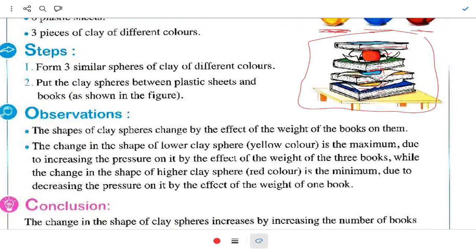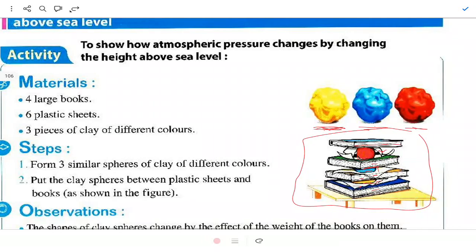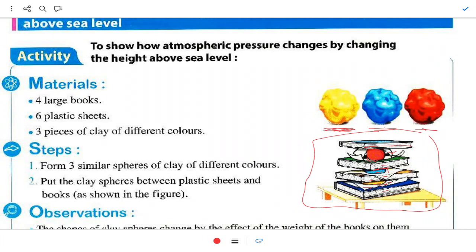This first clay sphere may be the same, with no change on it. But the second one, you will notice a mild change. But the third one, you will notice a great change, because this piece of clay has many books on it.